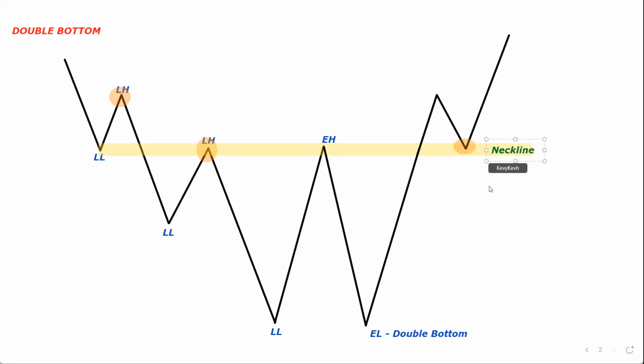This is very easy. This is a concept we probably all are familiar with. So right now you realize that we have a higher high right there. Then we have a higher low.